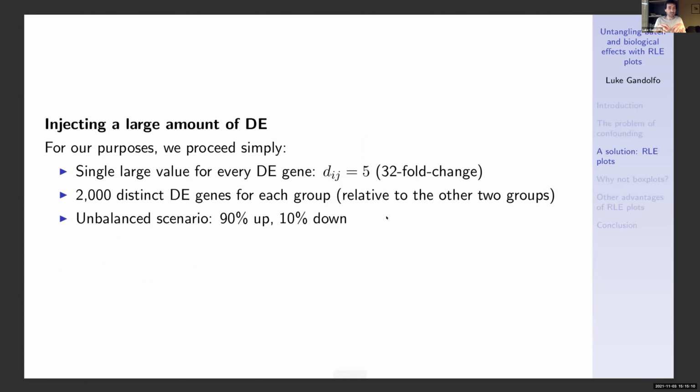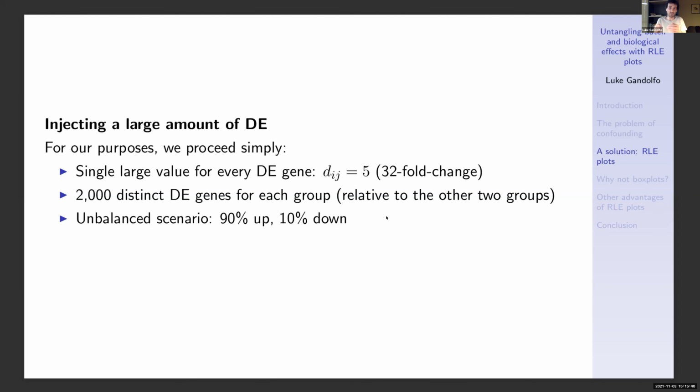But the real question is, what happens when we inject a large amount of differential expression? For our purposes, we're going to proceed very simply here. We're just going to take a single large value and add it for every gene we deem to be differentially expressed. So we're going to take our Dij term to be, for example, just 5, which, because we're on a log scale, represents a 32-fold change.